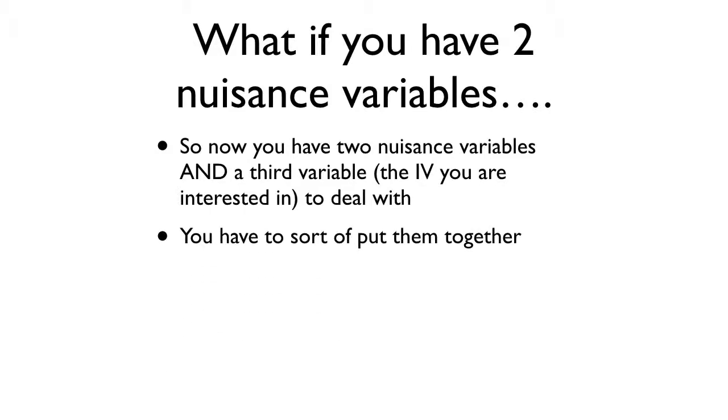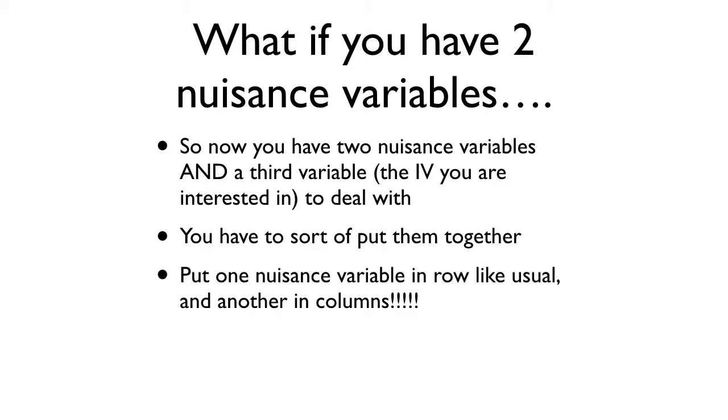It's rare, but it happens. So now we're going to basically put together two randomized block designs into one special, exciting, and annoying kind of analysis of variance. We're going to put one nuisance variable in rows, like we would usually, and one in columns.